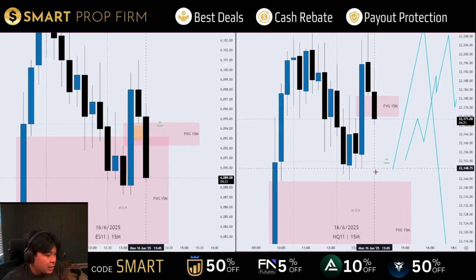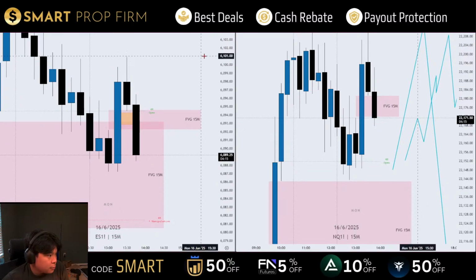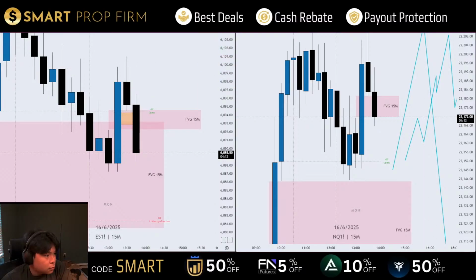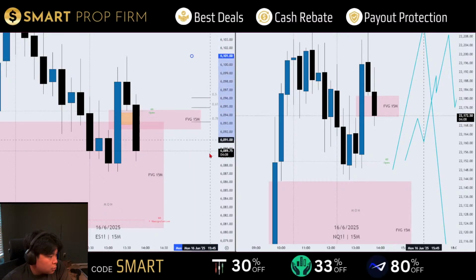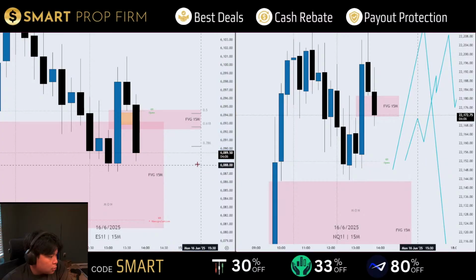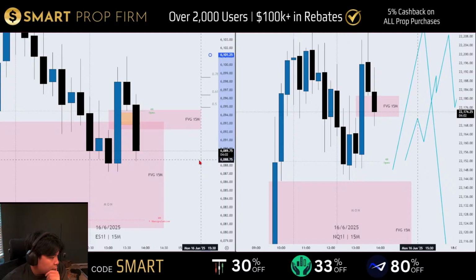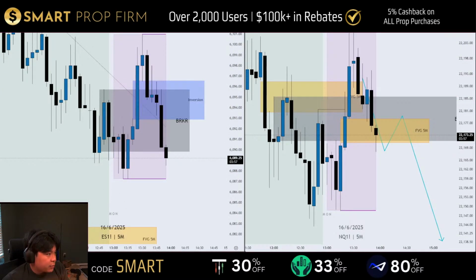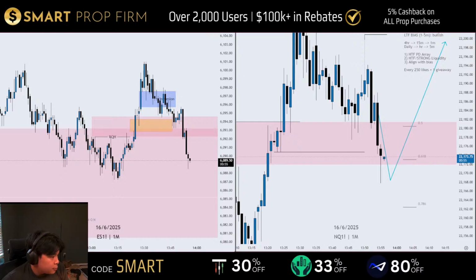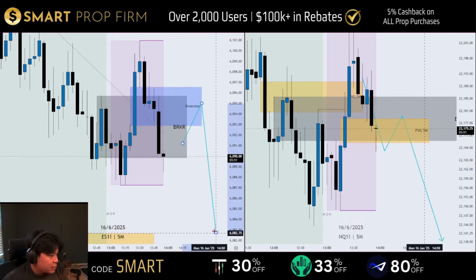I don't want to see NQ tag these lows yet. I want to get the short in first. It should be out of the way. There we go. I don't think we'll get that deep of a retracement back up, but we're most likely going to be played off of this now.